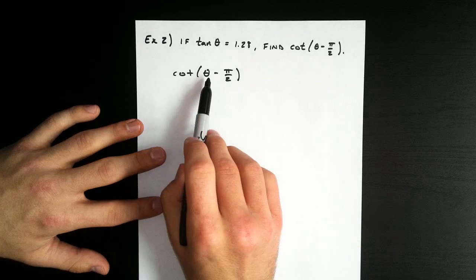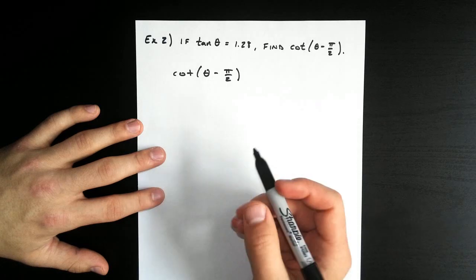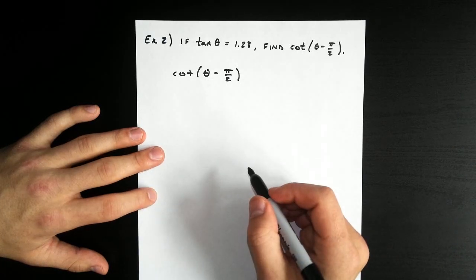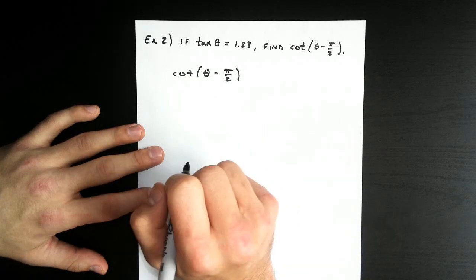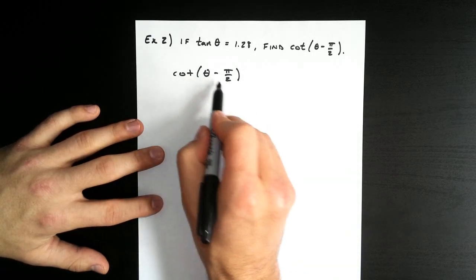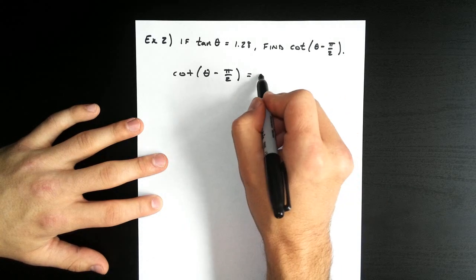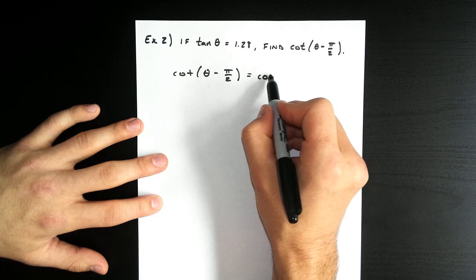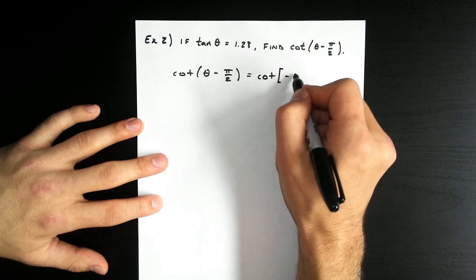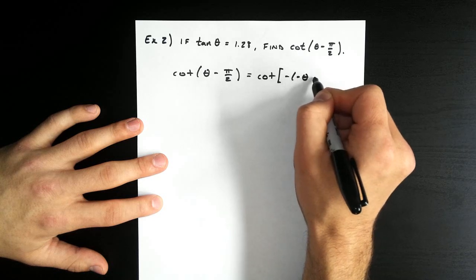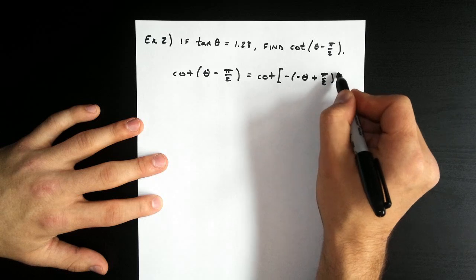So the first thing, if I look at what's inside my parentheses, this is kind of backwards to what we have for our cofunction identities. So normally we do pi over 2 minus theta, but I can write it like that. So first I'm going to factor out a negative sign, factor out a -1. So if we do that, factor out the negative, we end up with negative theta, and then plus pi over 2.